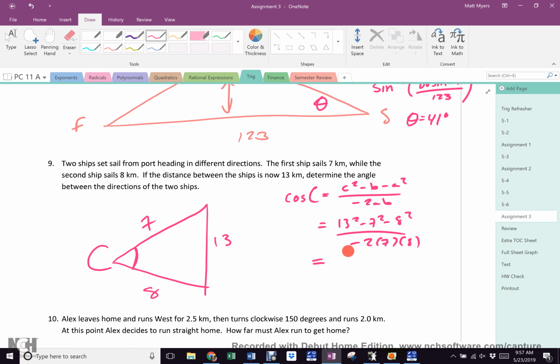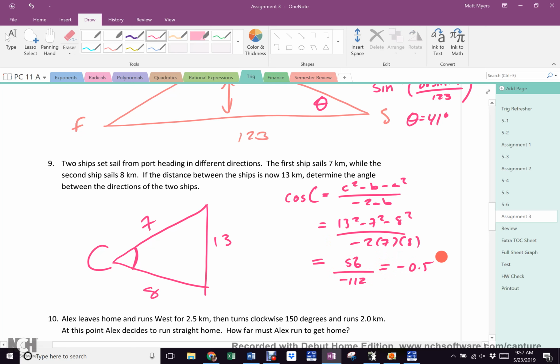Oops. Sorry, I've lost the plot here. That is 169 minus 49 minus 64 is 56 over negative 112, which equals negative 0.5.